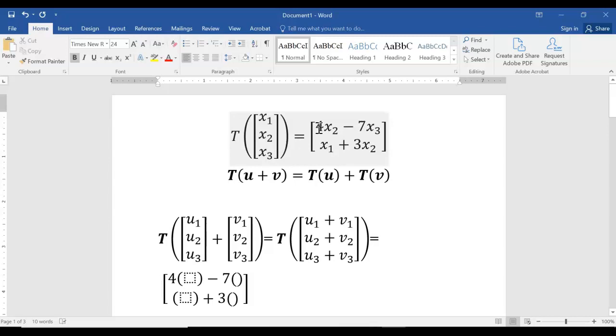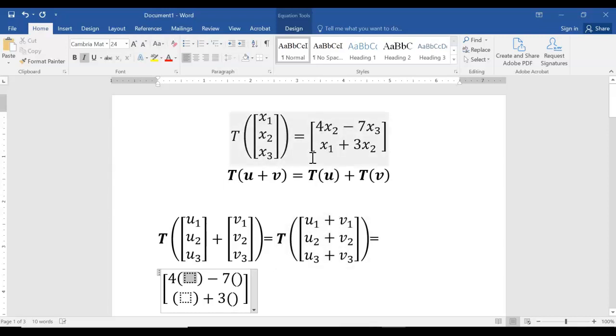Notice what the transformation does. It goes 4 times my second entry minus 7 times my third entry. That is going to be the top spot of our image. Now, it's a little bit difficult because this second entry is not just a single number here, it's a sum of u2 and v2.